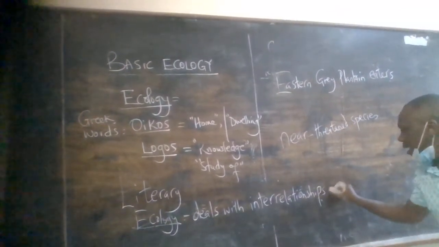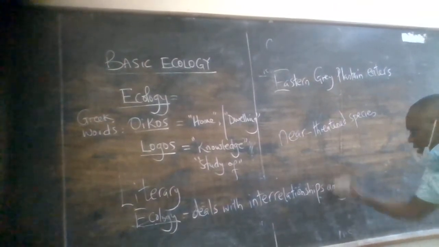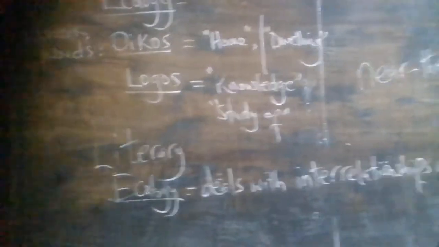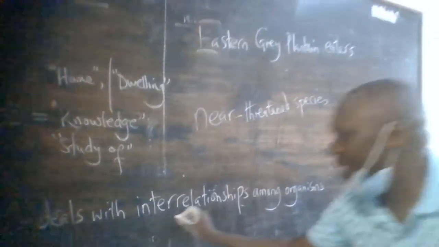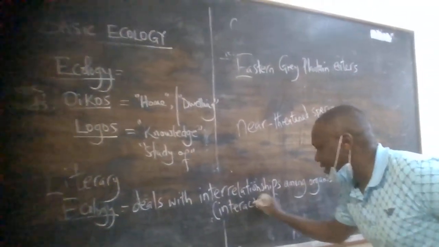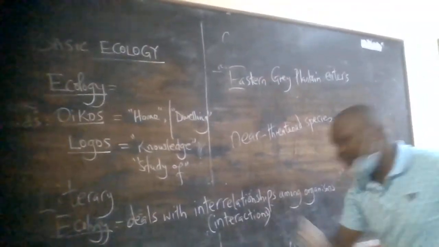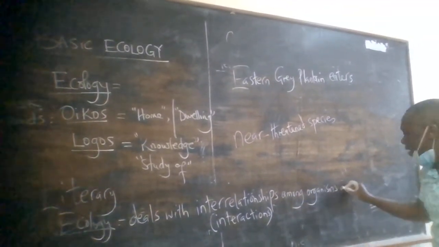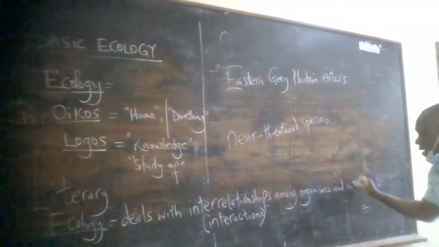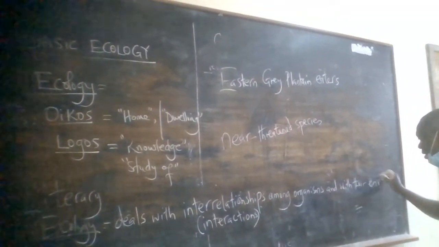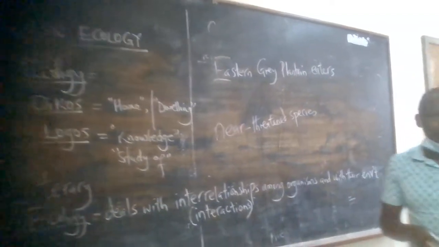Interrelationships among living organisms. Are we there? Yes. How living organisms interact. Another word is interactions among one another and with their environment. Get the point?